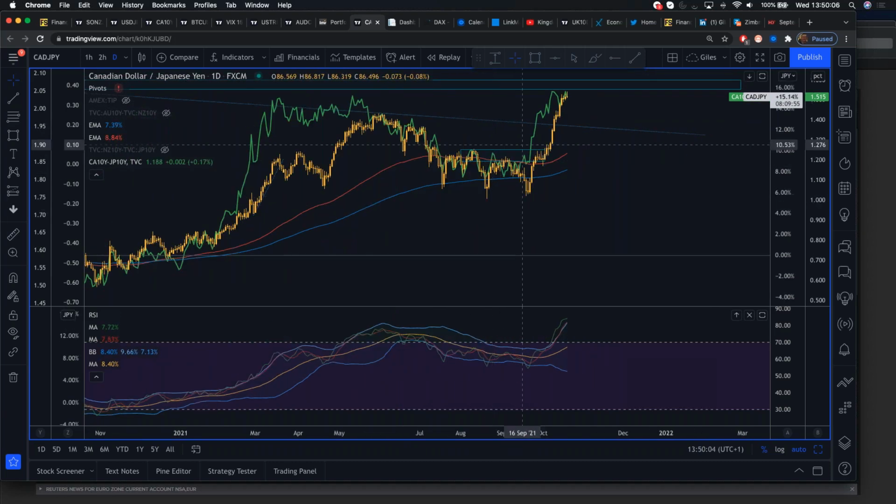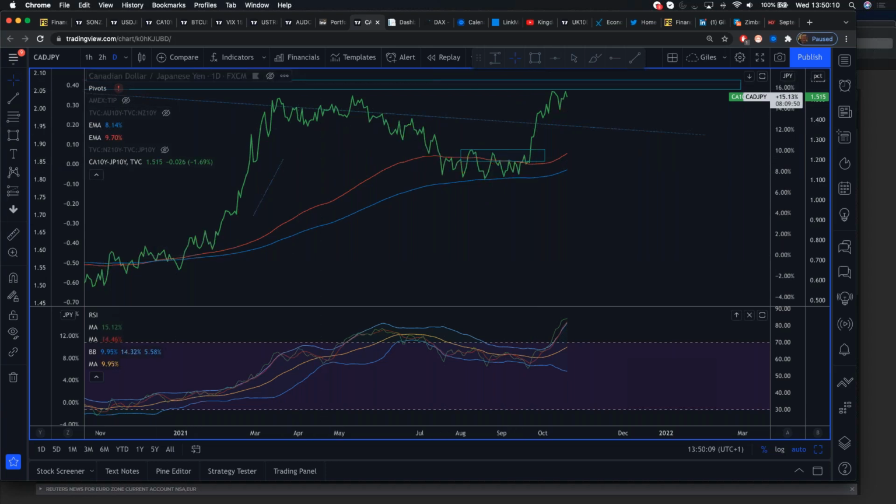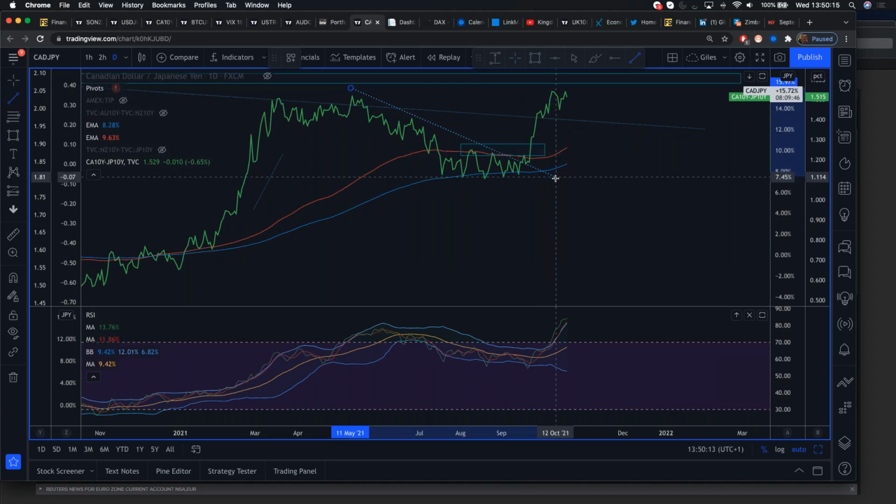And look, lo and behold, with this bond yield spread moving higher, and to see how helpful this was, right? You see, look, when this bond yield spread broke higher, that breakout was on like the 15th of September 2021.